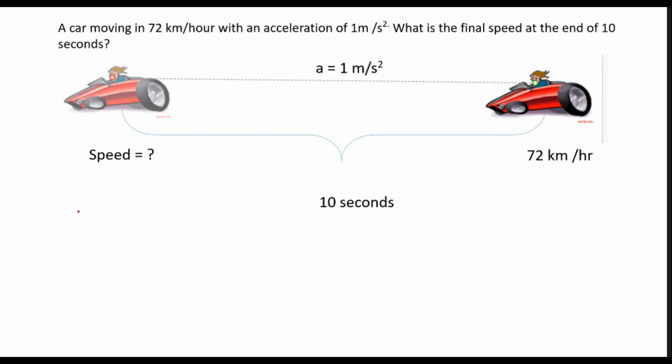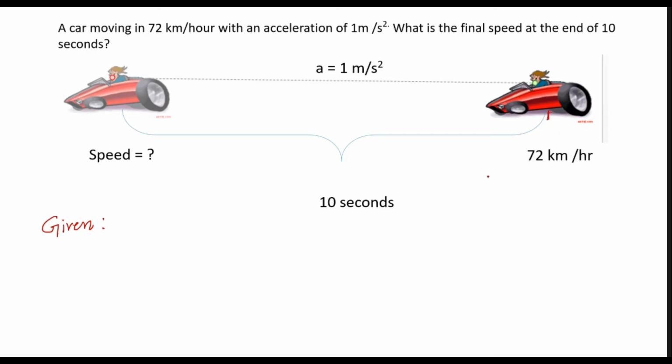Now the first thing we have to do, please remember, is write all the information which is given under a heading called given, because whenever you solve this problem there will be a mark allotted for this. So what is given here? We are given an initial speed, right? It starts from here.